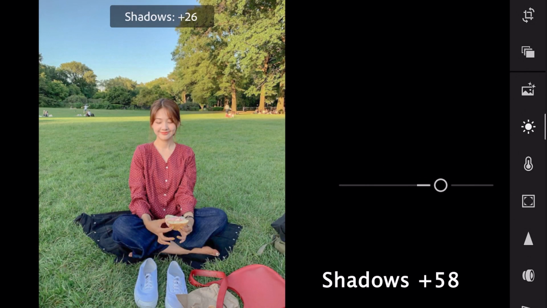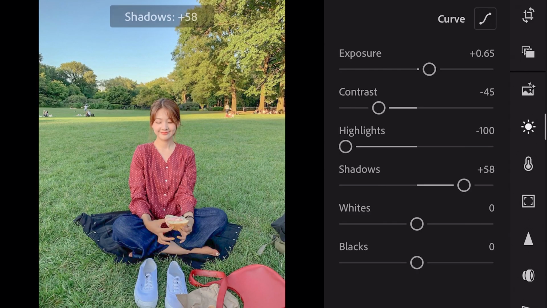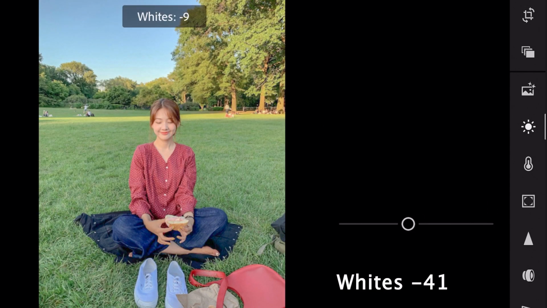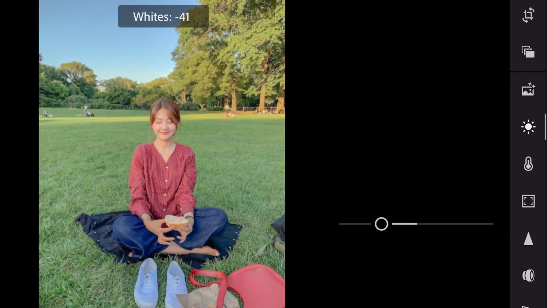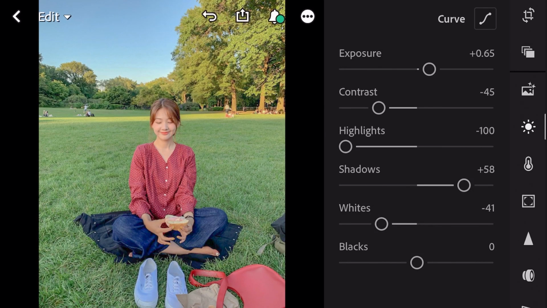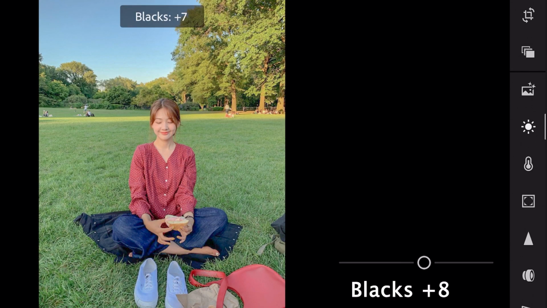Shadows plus 58. Whites minus 41. And blacks plus 8.